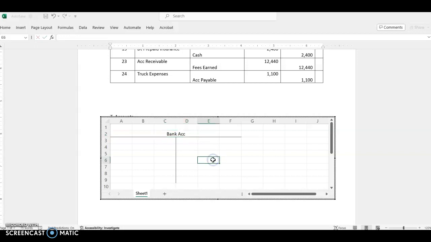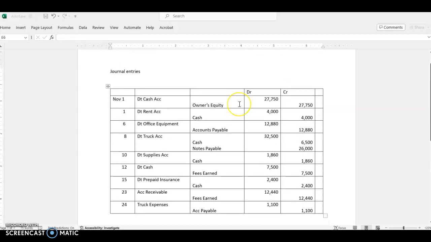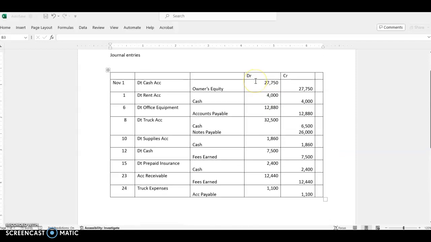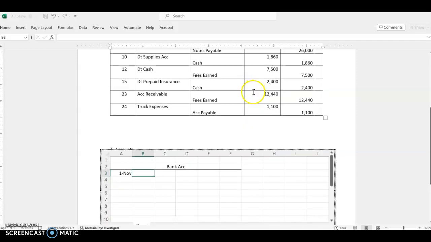So what happened on November 1st is the owner deposited to the business the sum of 27750.